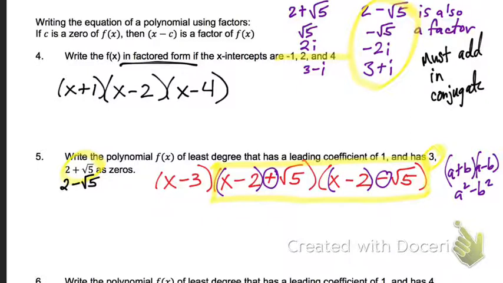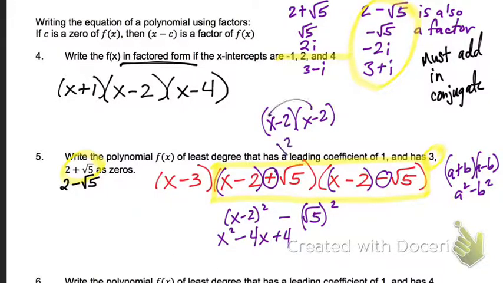So my answer will be x minus 2 squared minus root 5 squared, which is just 5. That's what my answer ends up becoming because it is a difference of squares. So I need to square the x minus 2, which is just foiling it. It becomes x squared minus 4x plus 4.